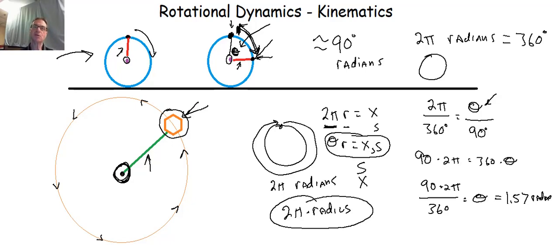Now, taking that just one step further, think of yourself on a bicycle. What happens when your bicycle rotates, right, your wheels rotate from this position to this position? Does your bicycle stay in the same linear position? I hope not, unless you're cycling on ice, right?